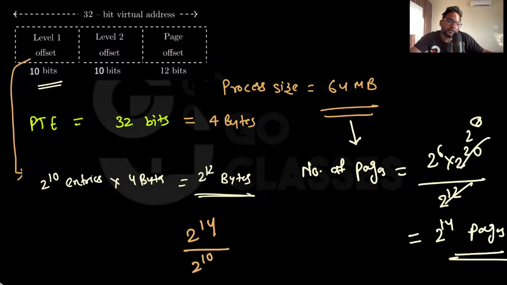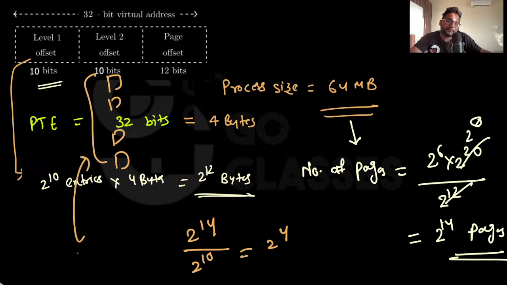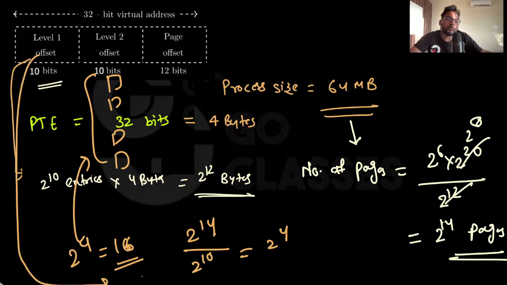So 2 power 14 divided by 2 power 10 gives 2 power 4 pages, which is 16 pages. And here I need just one page. So total 17 pages. Is this fine to everyone?